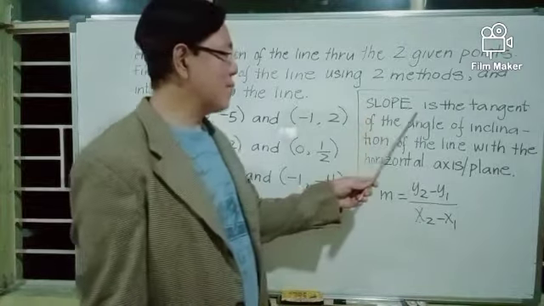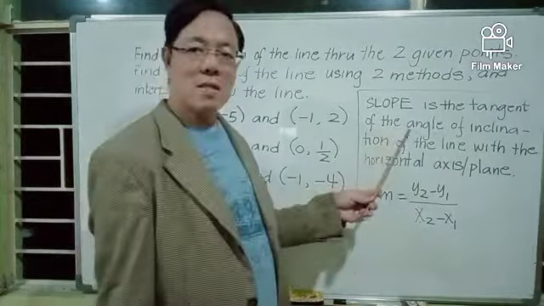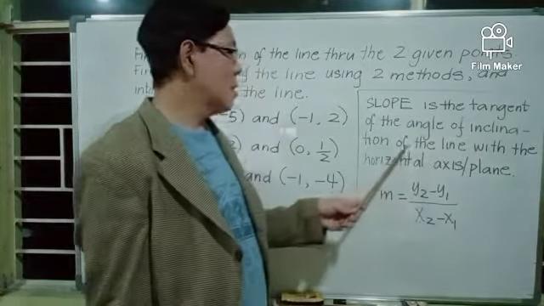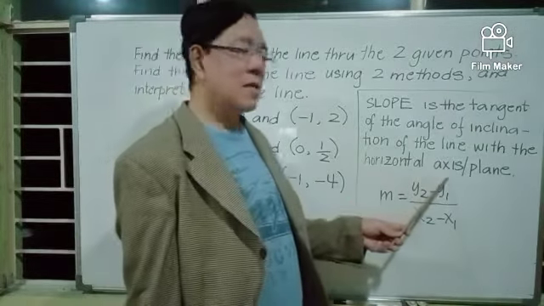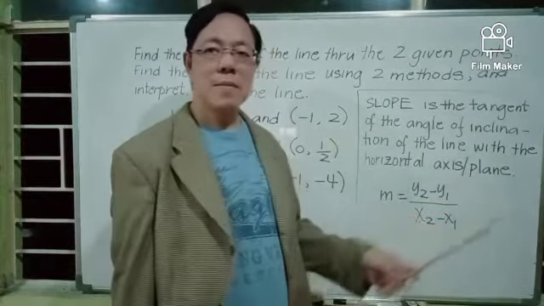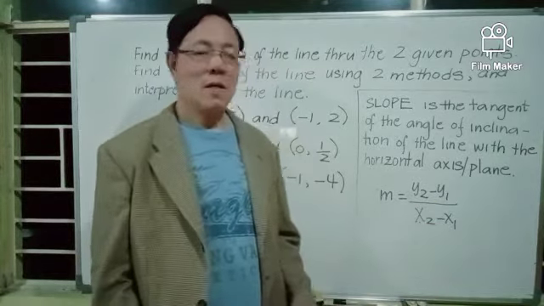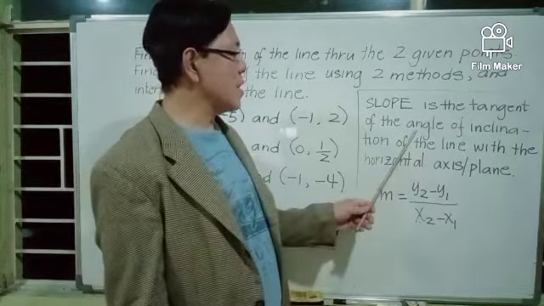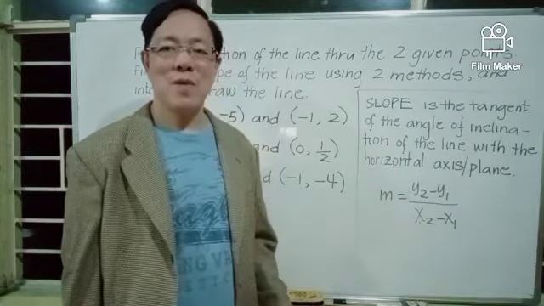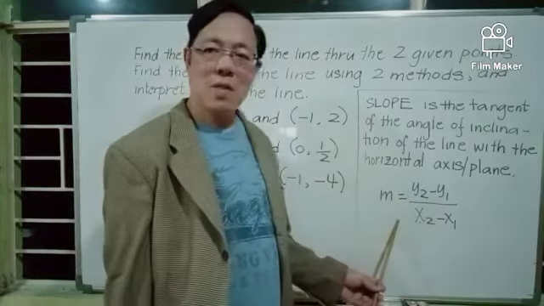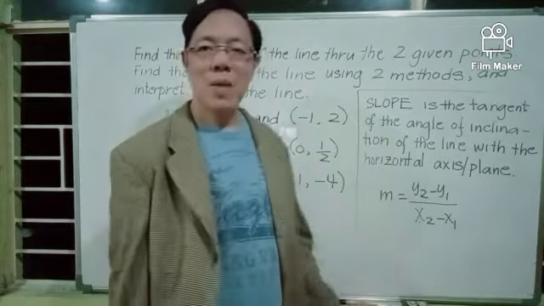Now, I will show you geometrically what is meant by the angle of inclination, and from that geometric representation, I will show you how this formula for calculating the slope of a line denoted by m was derived.